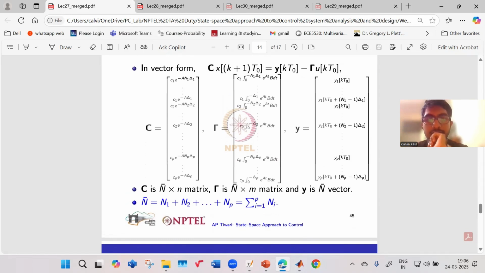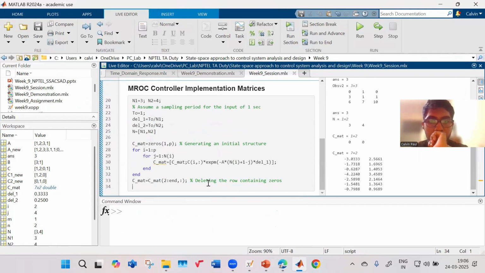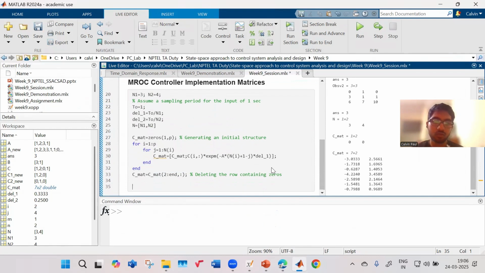So it is e to the power At into B into dt. Okay.